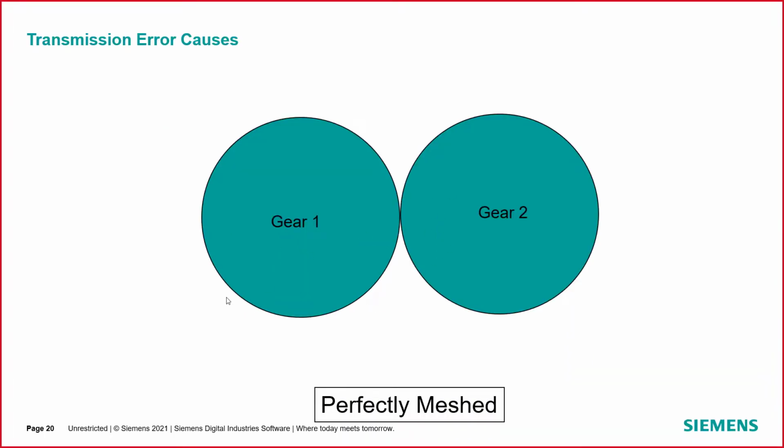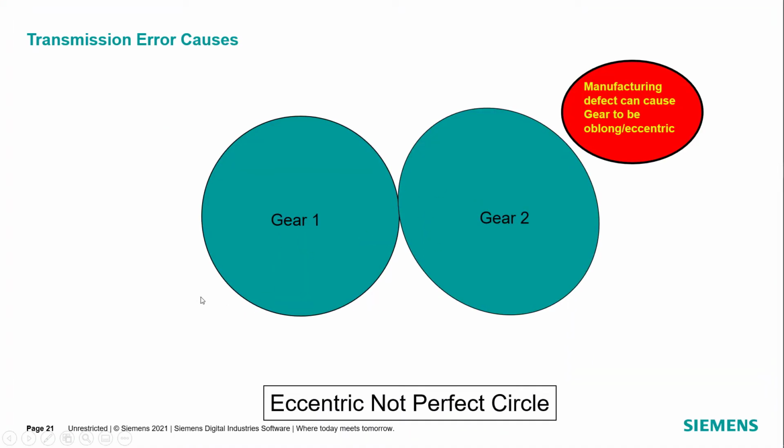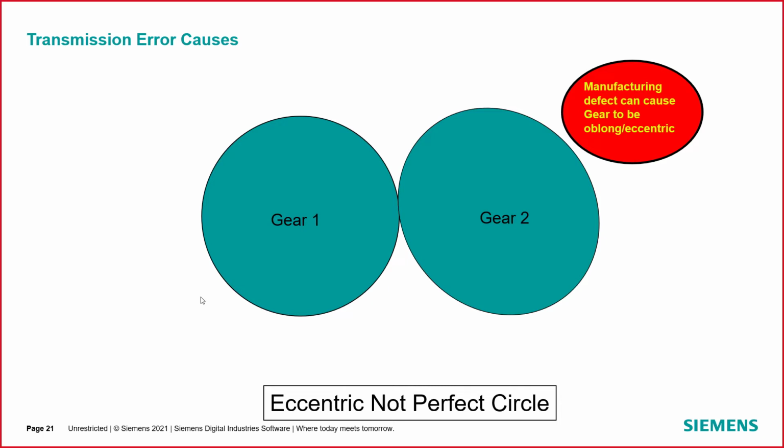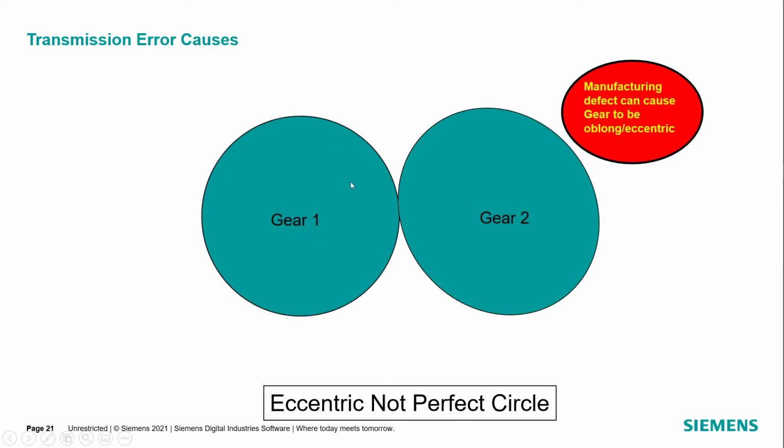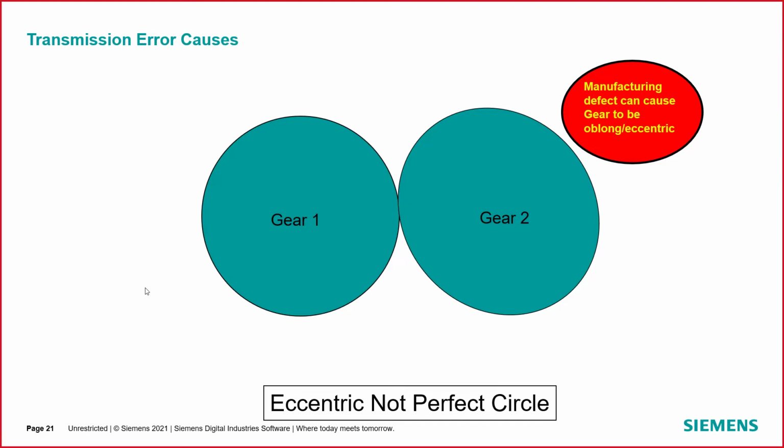The first is a manufacturing defect that can cause the gear to be oblong or eccentric. So I don't know if the projector shows it, but these were perfectly circular gears. Here we've ovalized one of the gears, so it's no longer a perfect circle. Well, what kind of error is that going to cause in the transmission error?